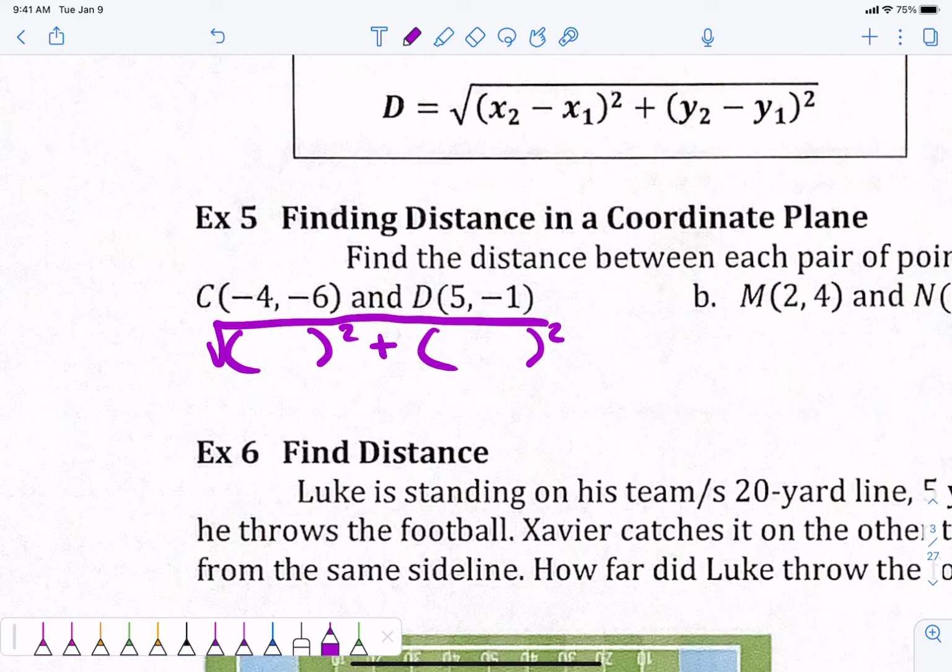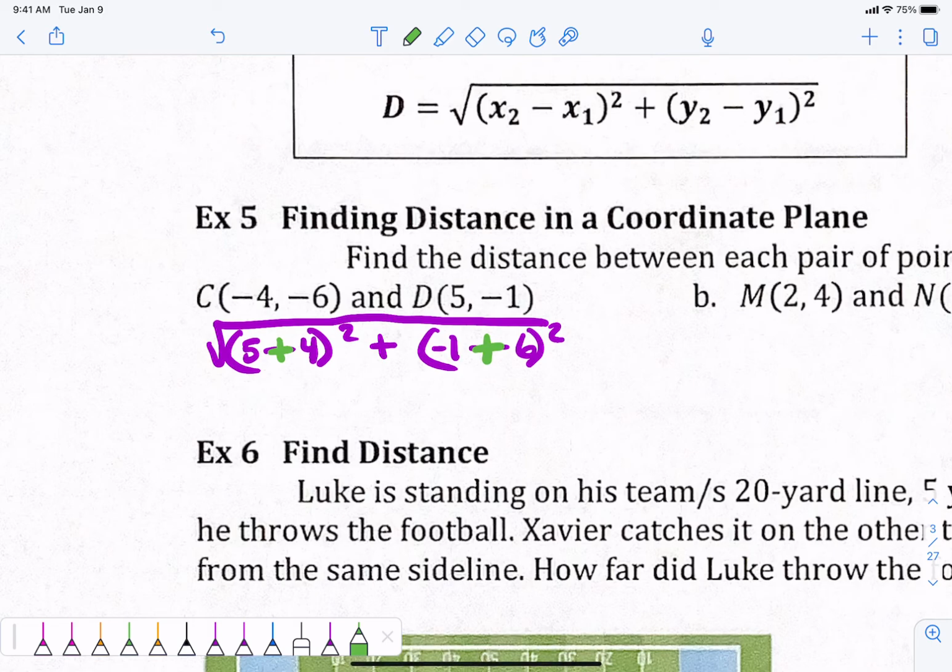And the formula says x2 minus x1. What's your second x? Which one is x2? 5 minus a negative 4. And then for the y's, this second y is negative 1 minus a negative 6, okay? And really those double negatives will become positives, right?